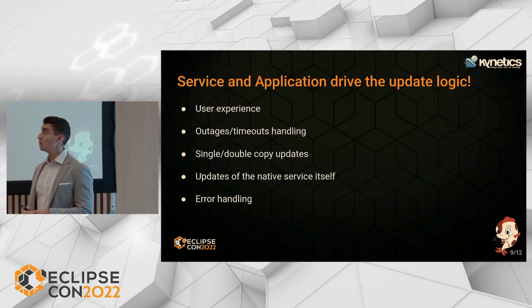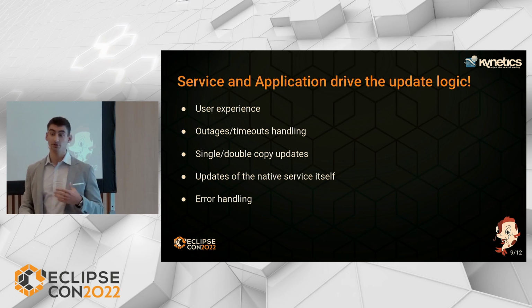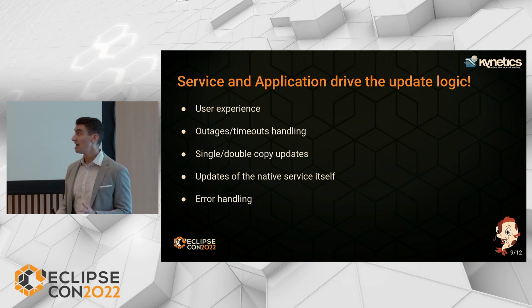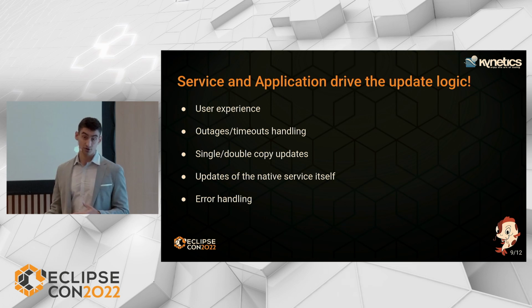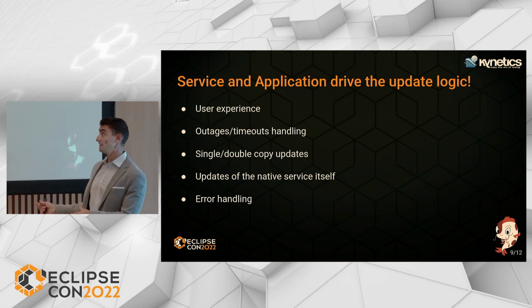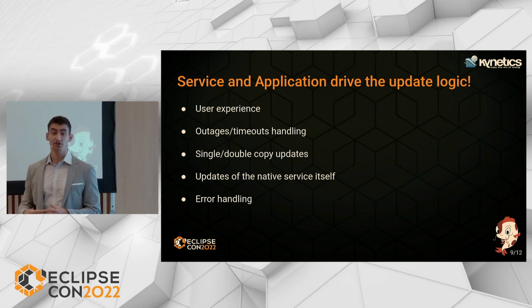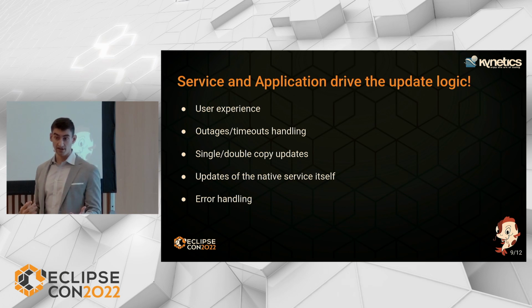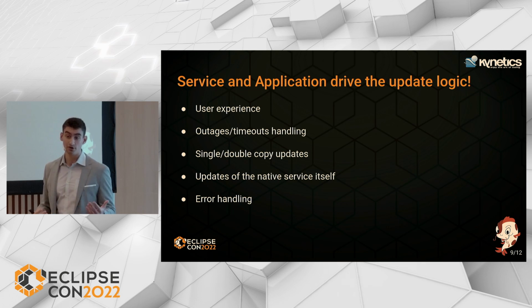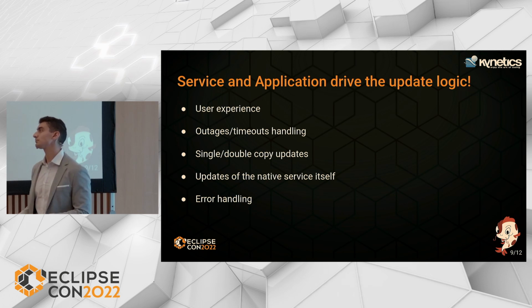For example, what should we do in case of power outages, network partitions, network timeouts, or other errors? How can we ensure the consistency of the update if something goes wrong? On the other hand, the application has to take care of the interaction with the user, of the user experience. How should the user be notified that an update cannot be performed because there is a power outage, for example, or because the network communication is not working?